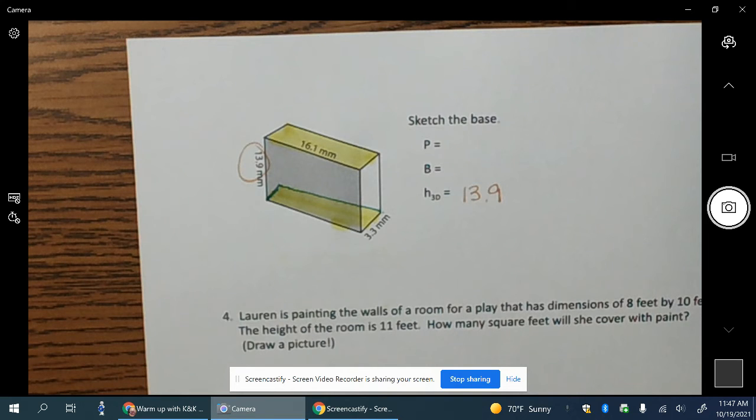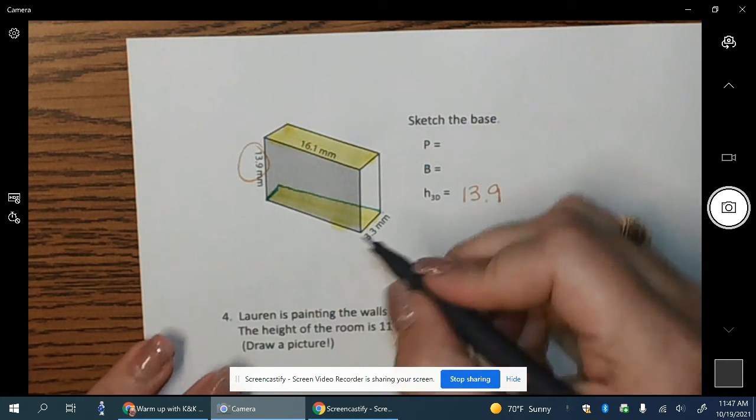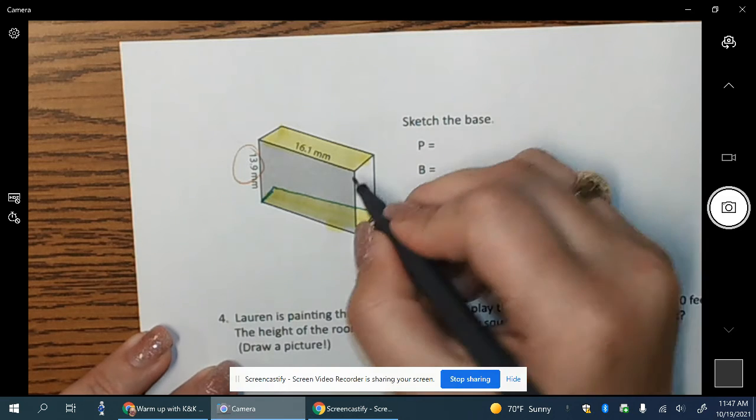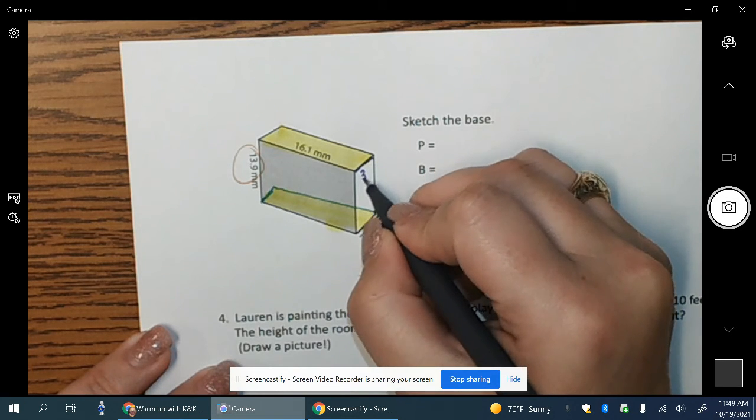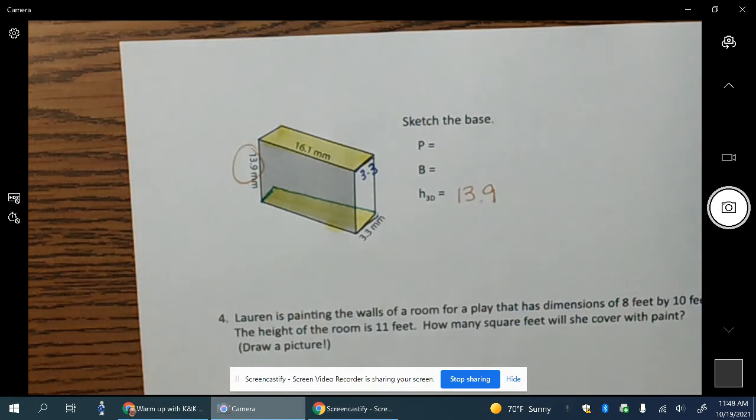I don't really have enough numbers for the perimeter, do I? No. But what do you know about the top and the bottom? Are they congruent? Yes. So if this is 3.3, what do you think this is? 3.3. So do I really have enough information? Yeah.